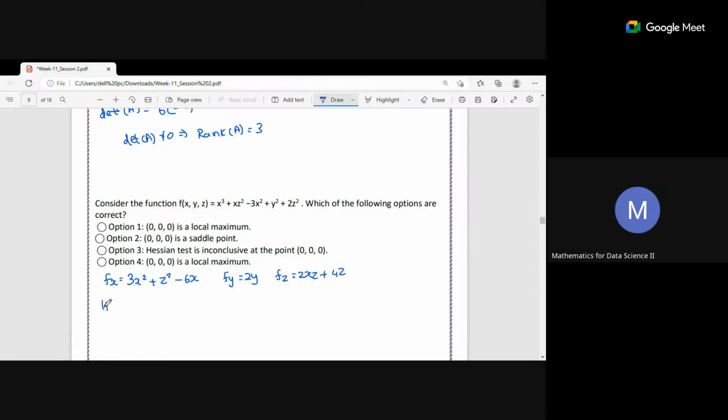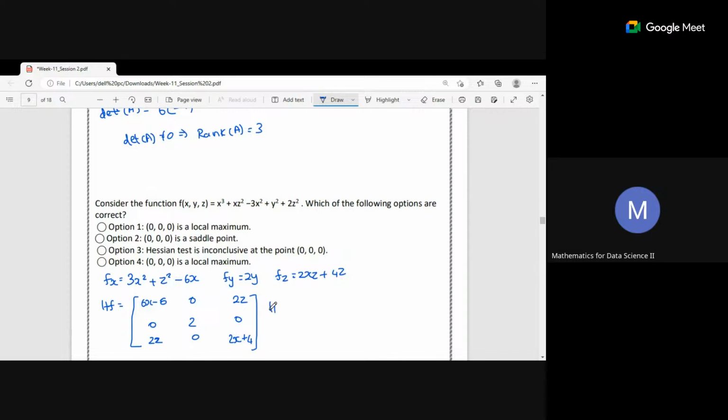So what is your Hessian matrix then? Fxx is 6x minus 6. Fxy is 0. Fxz is 2z. And here also 0. Here fyy is 2. Fyz is 0. So here also 2z. And 0. And here fzz is 2x plus 4.